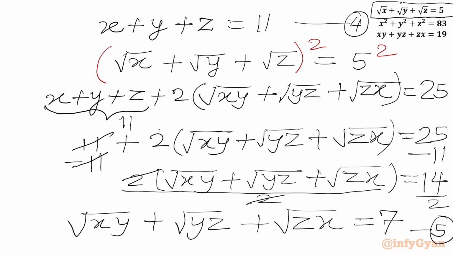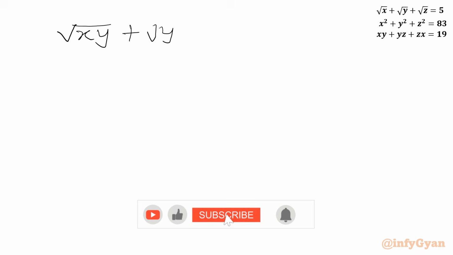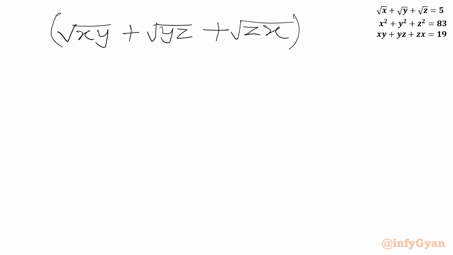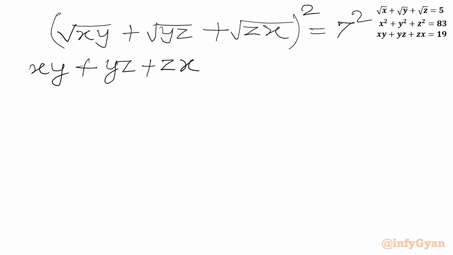Now we are going to consider squaring once again. So I will write root xy plus root yz plus root zx whole square equal to 7 whole square. Again we will use the a plus b plus c whole square formula. Let's apply: square root xy whole square is xy, square root yz whole square is yz, square root zx whole square is zx, plus 2 times square root xy times square root yz.